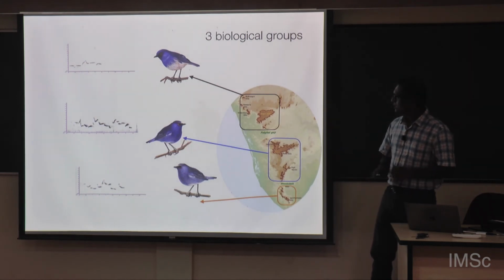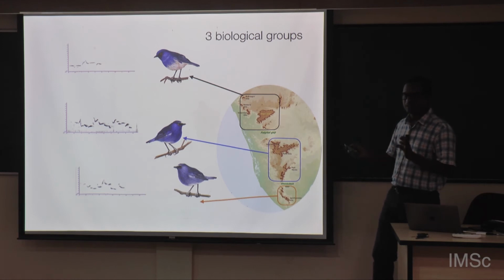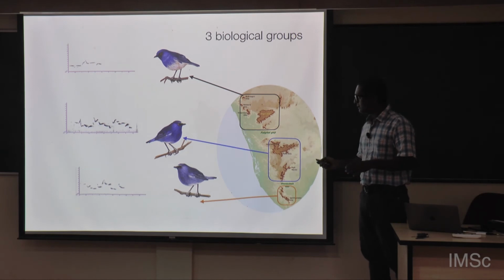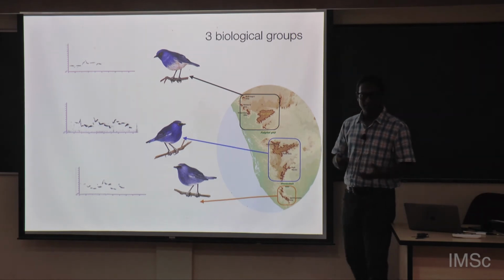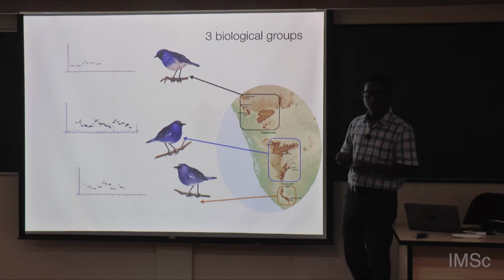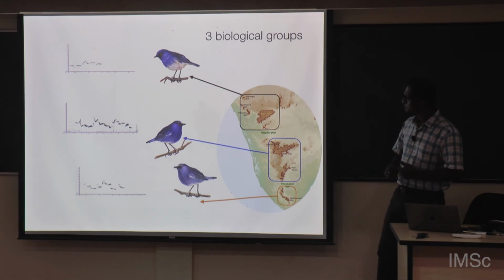So, if all of this is confusing you, basically there are still only 3 biologically significant groups. You can test them by playing the songs back to each other and so on, and you can see where they respond more. Very similar to what Nandini was talking to you about with the squirrels.